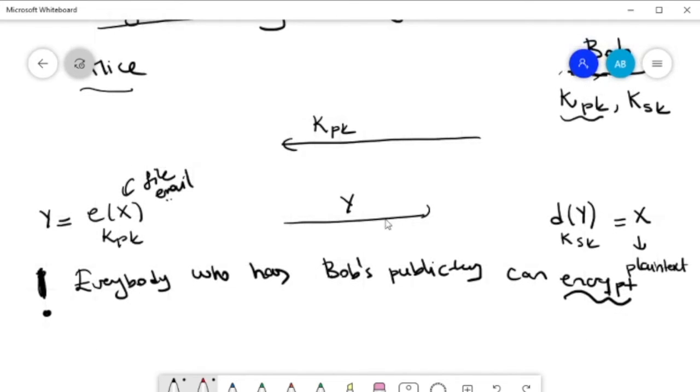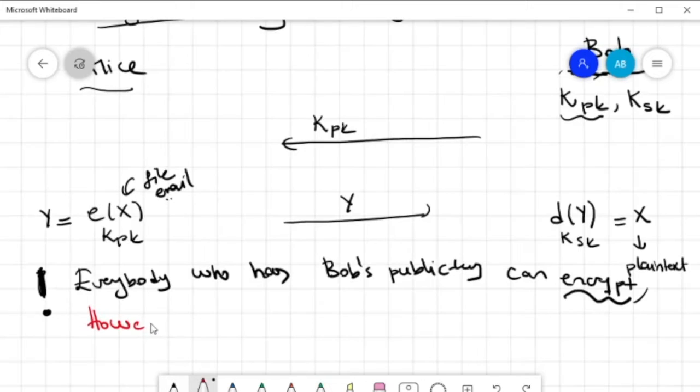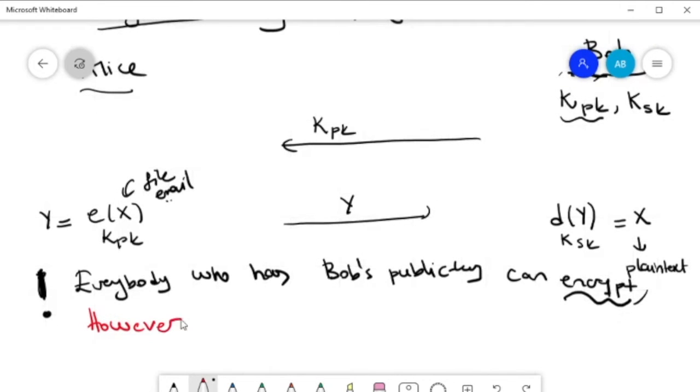However, this is important, only Bob can decrypt.